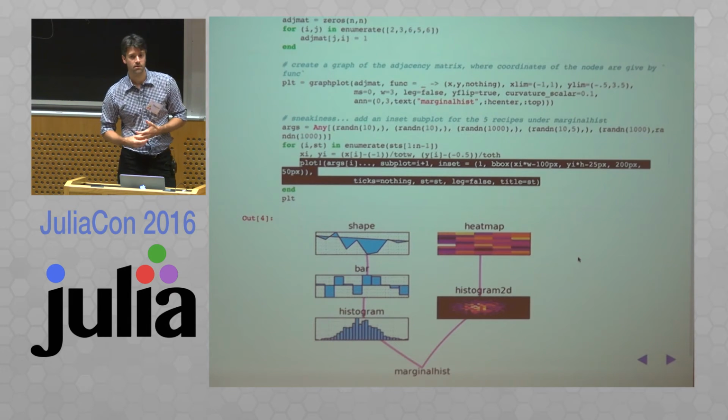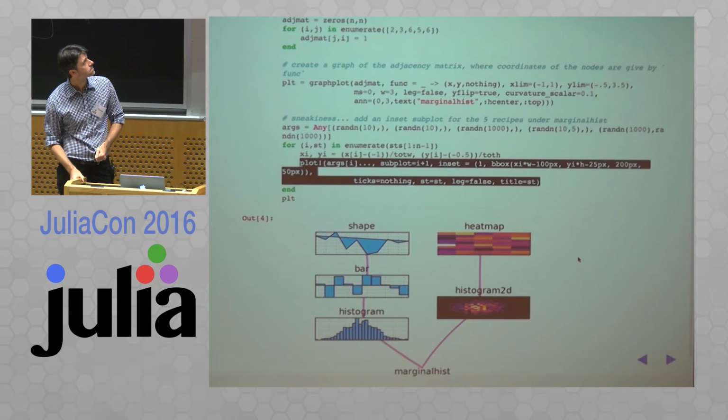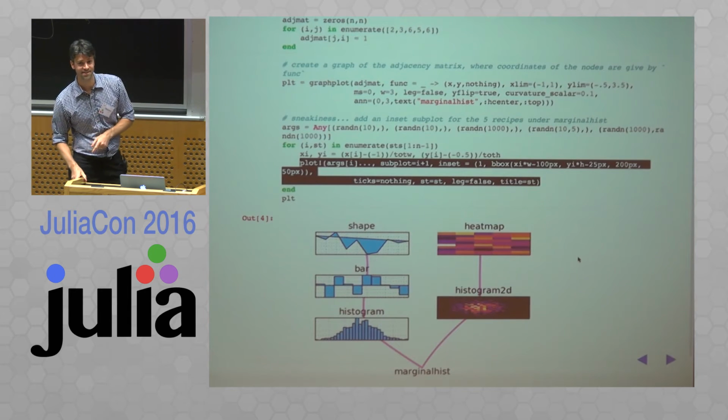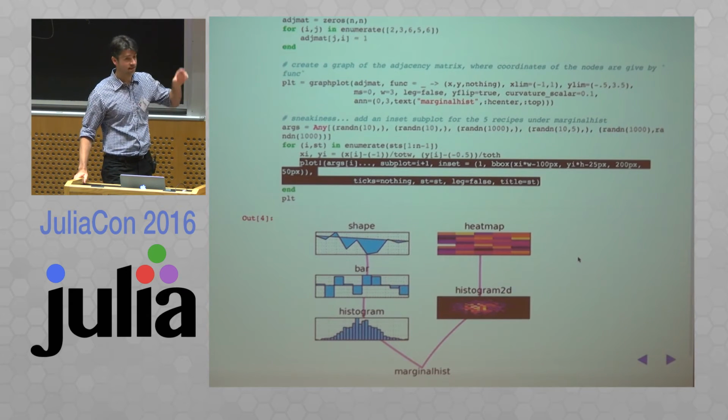Yeah? Question: in the plot bang call, what is being mutated? So this has been a question in the past, which I can see both sides of. What's being mutated is an invisible plot object that's put in there as a convenience.